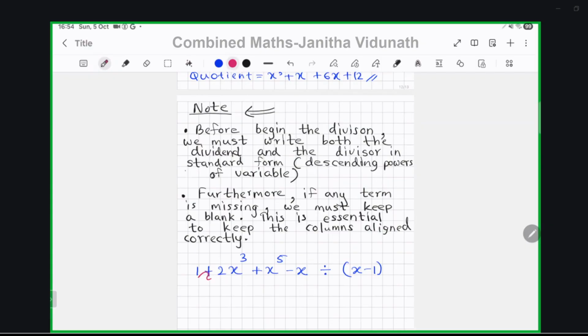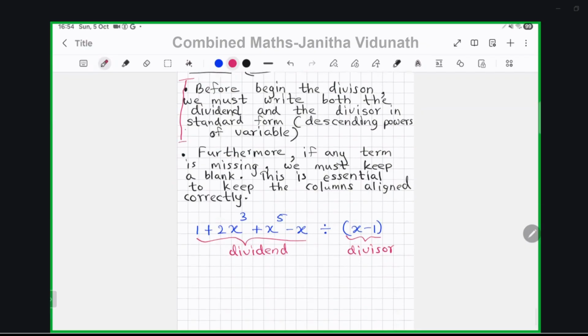Okay. This is our dividend and this is our divisor. In the first rule, what he said is we need to order both the dividend and the divisor with descending powers of the variable.